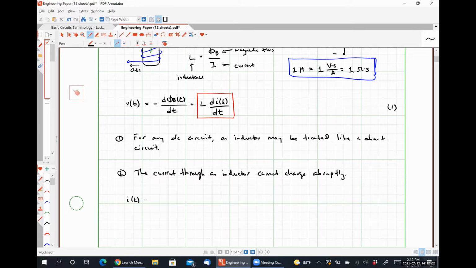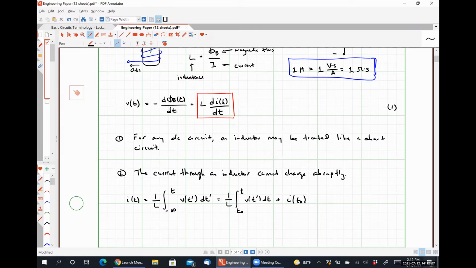So we would have I of t is equal to 1 over L times the integral from negative infinity to t of v of t prime dt prime, which we can rewrite as 1 over L times the integral from t naught to t of v of t prime dt prime plus I of t naught, where I of t naught represents the initial condition where we know what the current flowing through the inductor is at some past point in time.